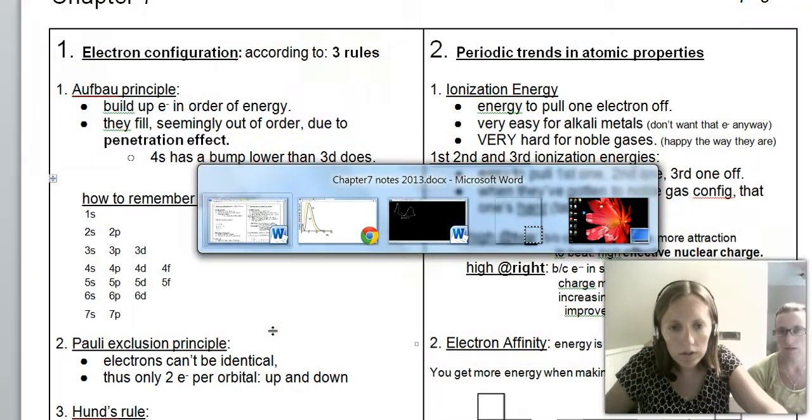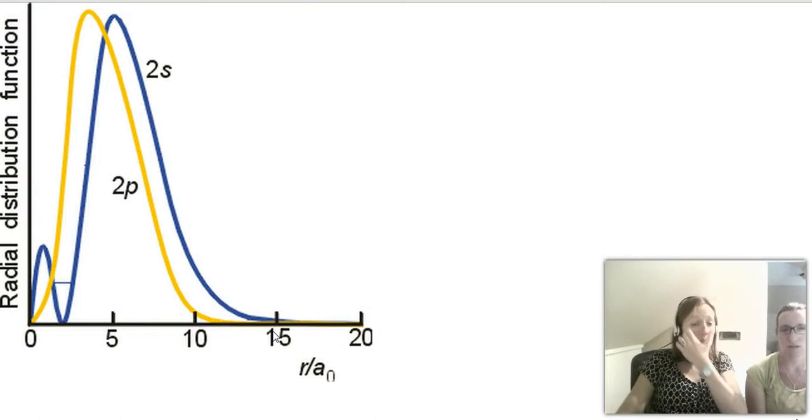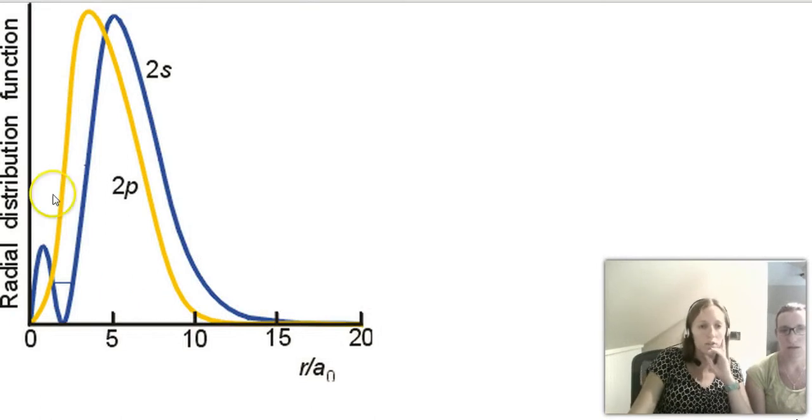There's the graph. This is a graph representing your 2s orbital here, with the two humps, and the 2p orbital with the single yellow spike. What this is showing is the probability location of the electrons in a 2s orbital.